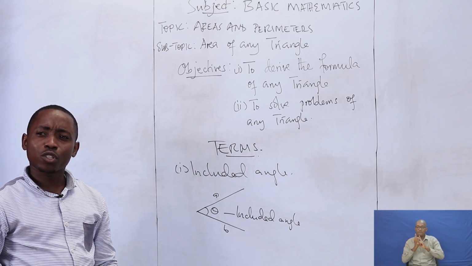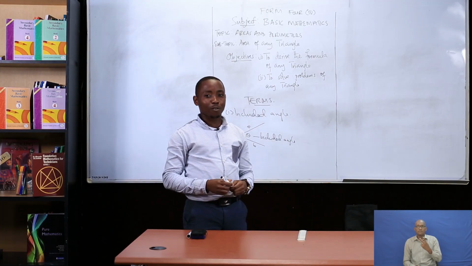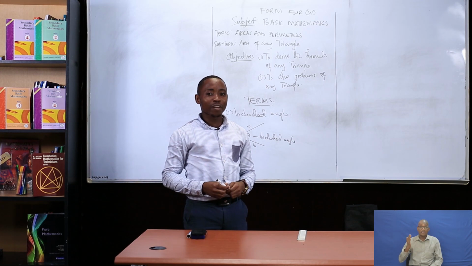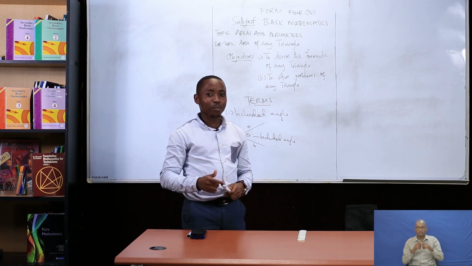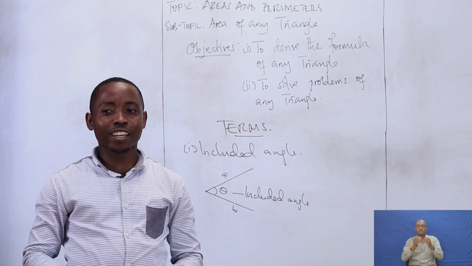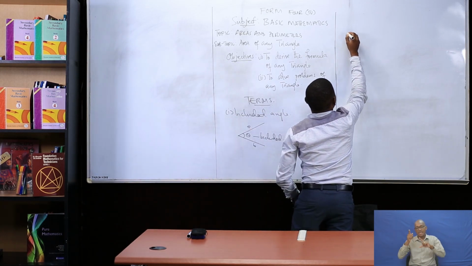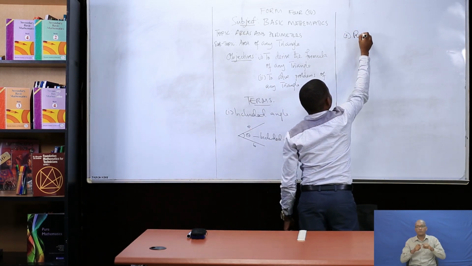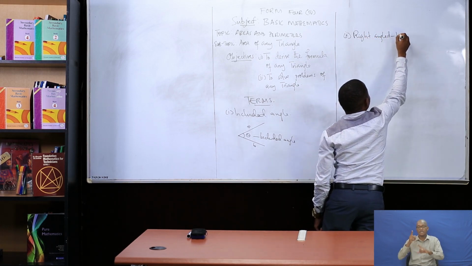The second concept we need to remember is the concept concerning right-angled triangle. I know you are very familiar with the right-angled triangle, and in this one, we are going to focus on only one part, which is trigonometric ratios concerning right-angled triangle.